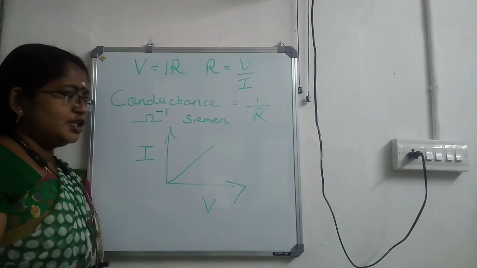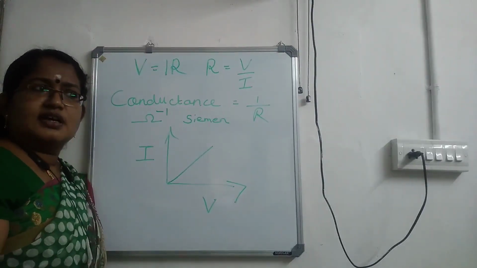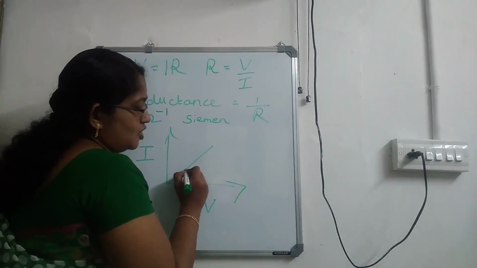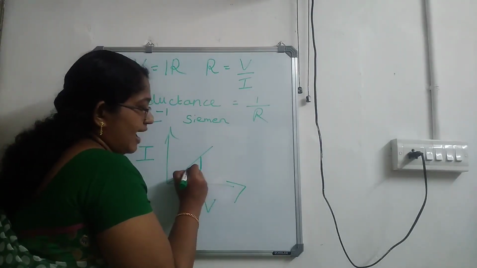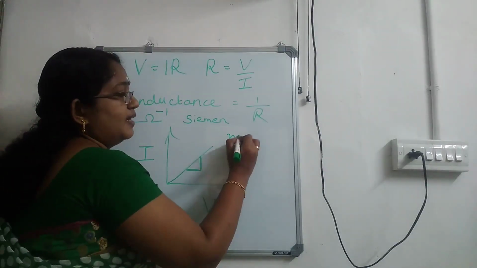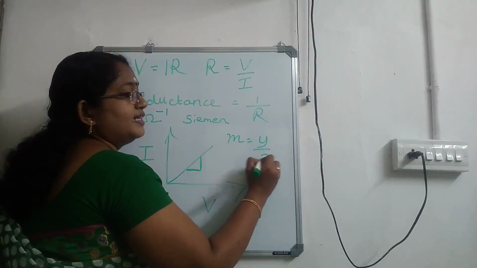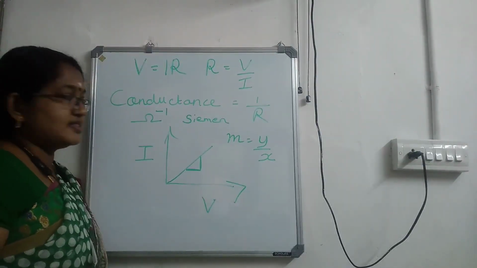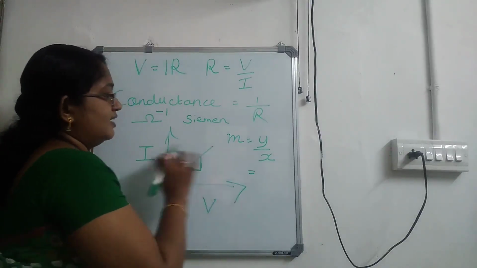Then what about the slope of this graph? How will you consider or calculate slope? Do you remember? In order to get a slope, we will be constructing a small triangle on a straight line graph. And slope is given by the equation m is equal to the quantity in y-axis divided by the quantity in x-axis. So what is the quantity given in y-axis?